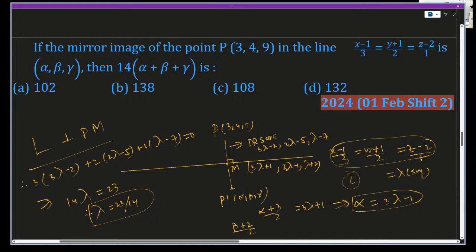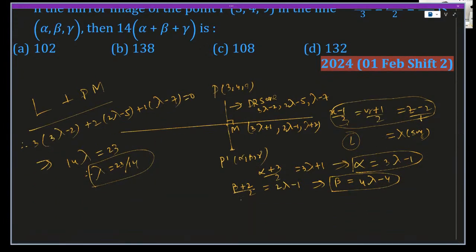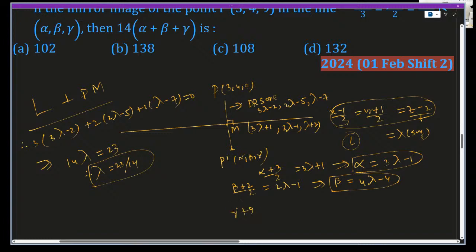Yes. Beta plus 2 by 2, that is 2 lambda minus 1. So beta is 4 lambda minus 4. And one more, gamma plus 9 by 2.